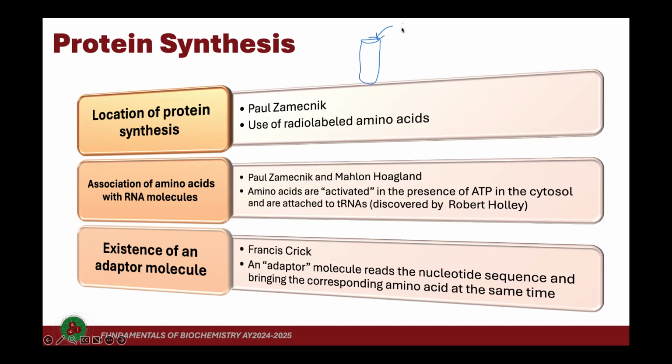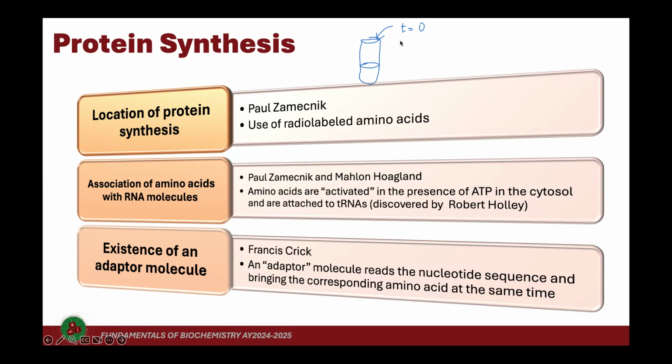Time equals 0 is when he introduced the radio-labeled amino acids into his cell culture, and then he has his incubation time. If he, let's say, studied his cell culture after 4 hours, his observation is that the radio-labeled amino acids are distributed all throughout the cell, even in its organelles.